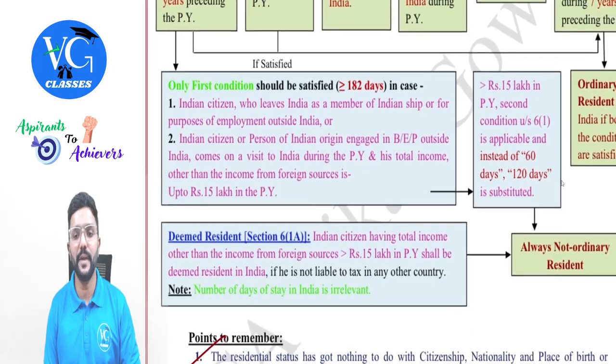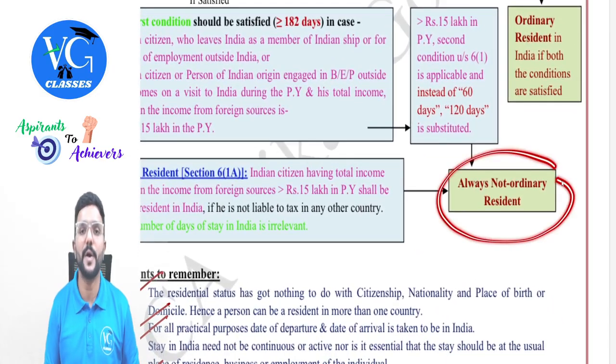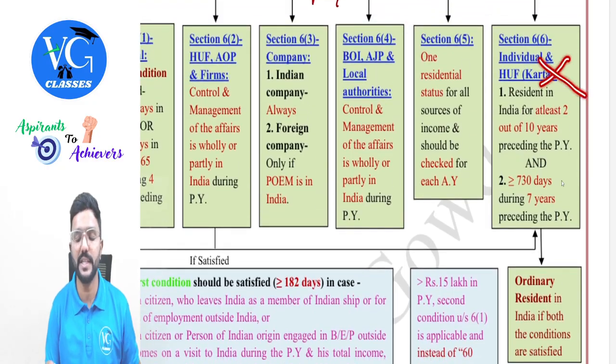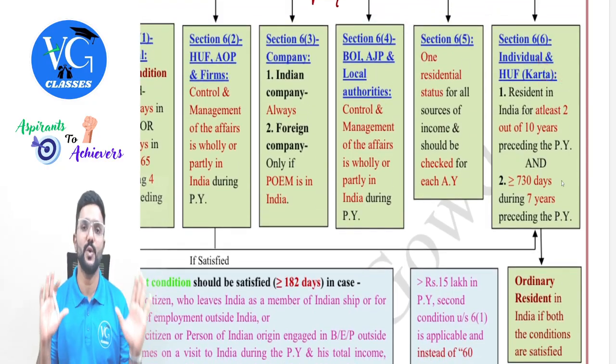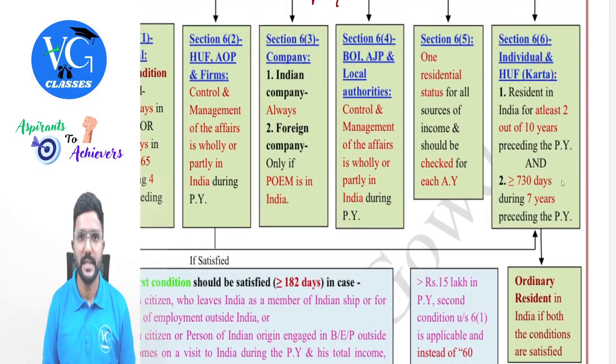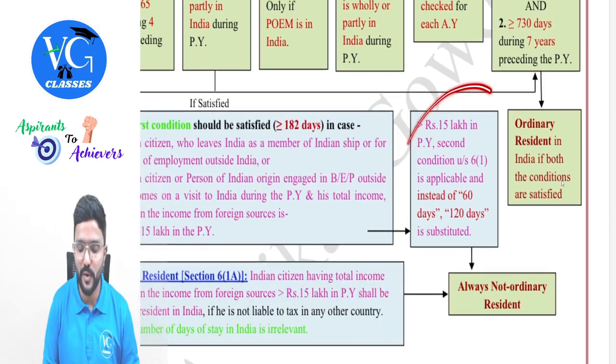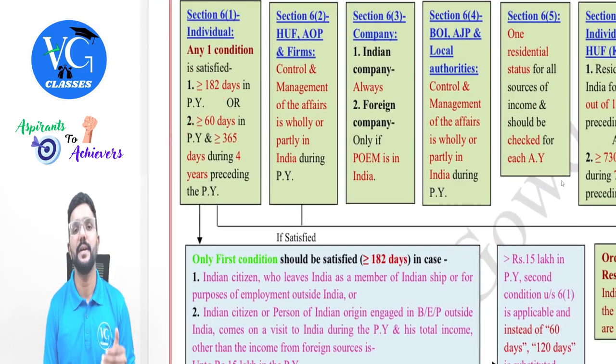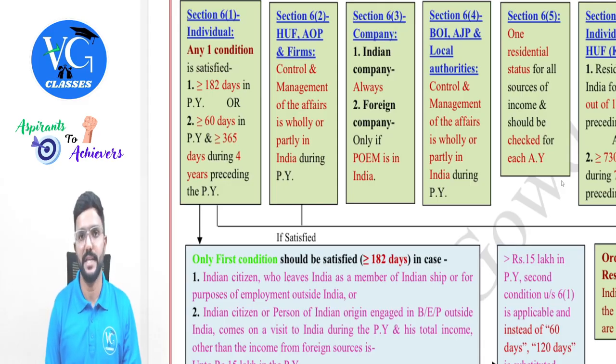So straight away you would become what? Not ordinary resident. Sir, should we check the additional condition in that case? No, guys. Please don't check it. Because he is covered in this provision and is satisfying the second condition given under section 6(1) to become resident, in that case you would always be not ordinary resident.